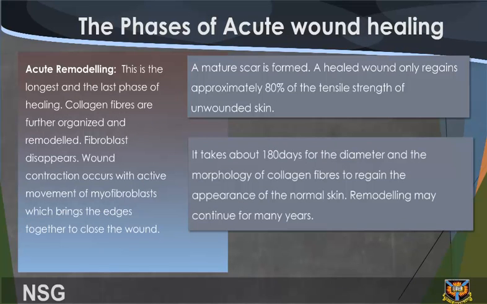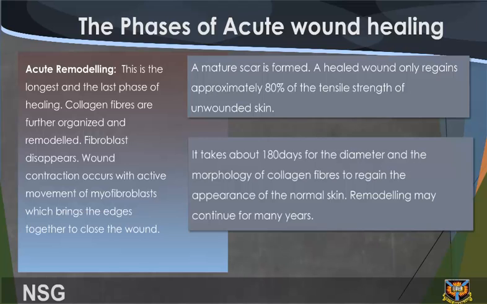Acute remodeling. This is the longest and the last phase of healing. Collagen fibers are further organized and remodeled. Fibroblasts disappear. Wound contraction occurs with active movement of myofibroblasts, which brings the edges together to close the wound.